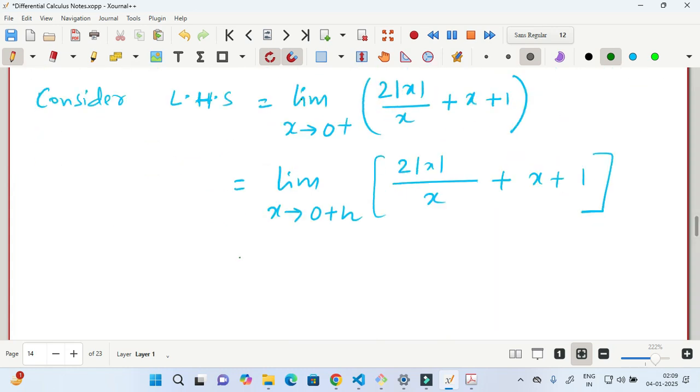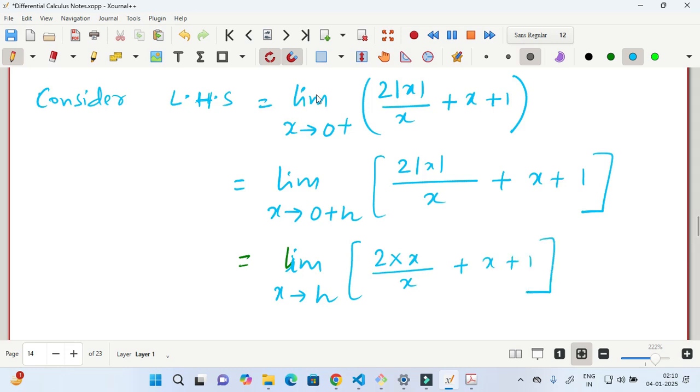So I am writing here limit x tends to h. So modulus of x, h, is what? A positive number. So it is 2 into x by x plus 1.